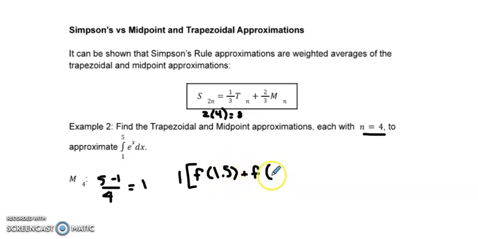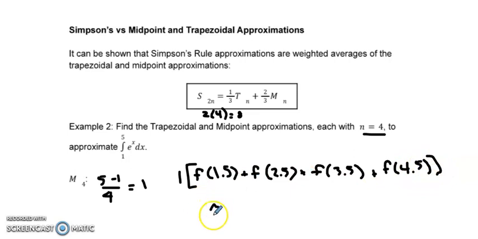Then I need f of 2.5 for the midpoint between 2 and 3, f of 3.5 for the midpoint between 3 and 4, and f of 4.5 for the midpoint between 4 and 5. And again, I'm not going to show you the calculator work, but I will tell you, and you can check this on your own, that this approximation is 139.797.